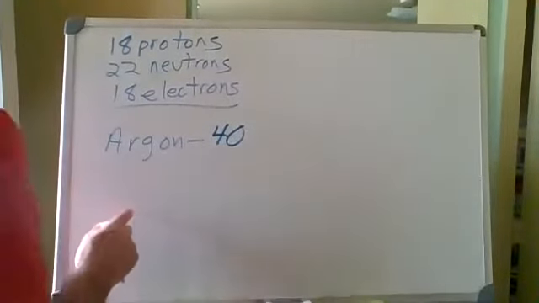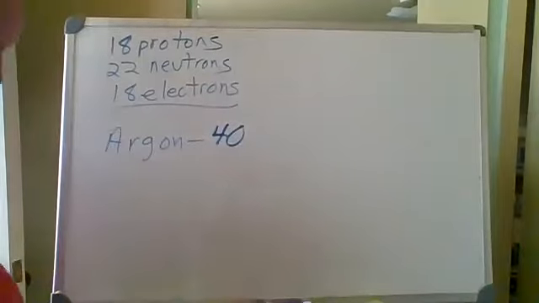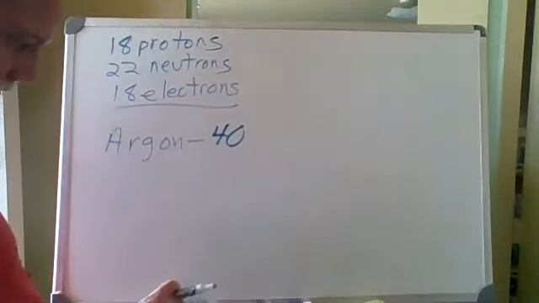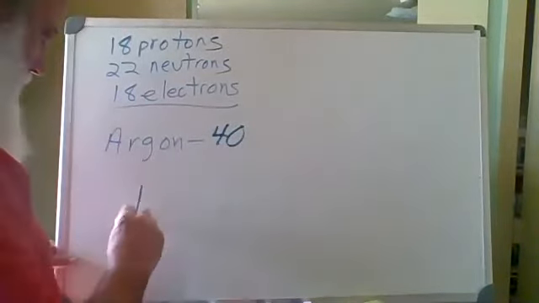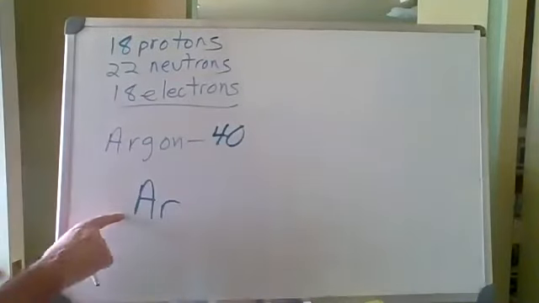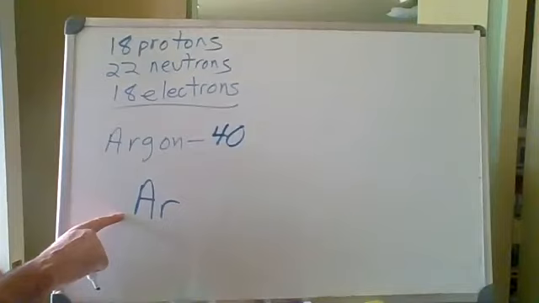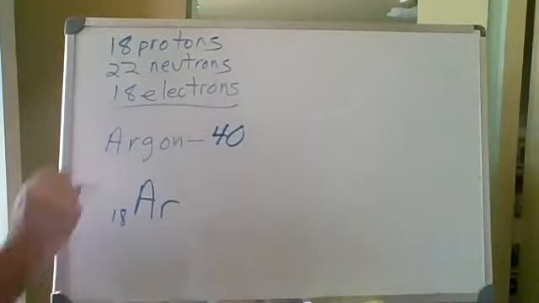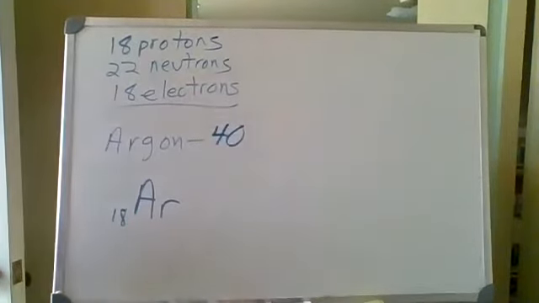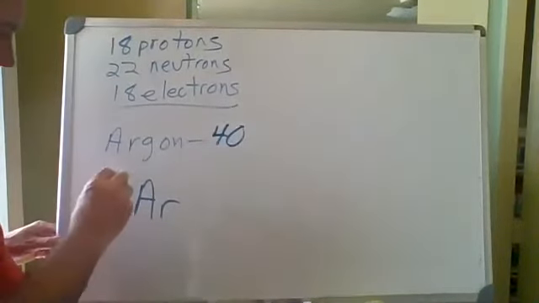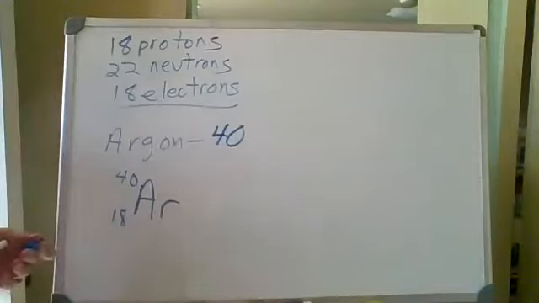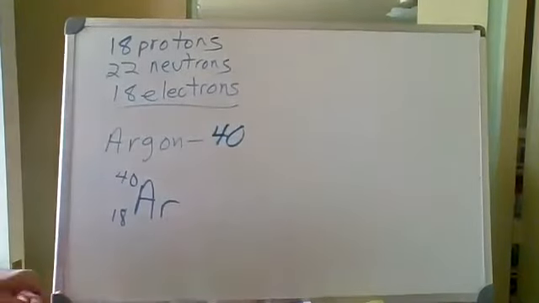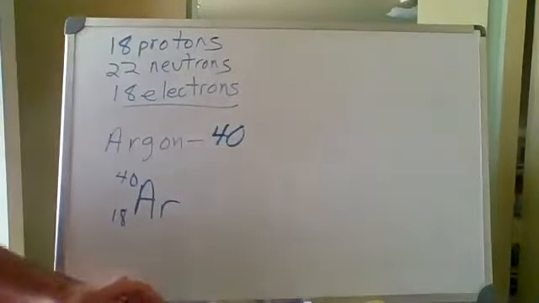What's the element symbol? Capital A, lowercase r. Ar, and down here, 18. And the superscript, 40. All right, any questions there? All right, let's do one more here.